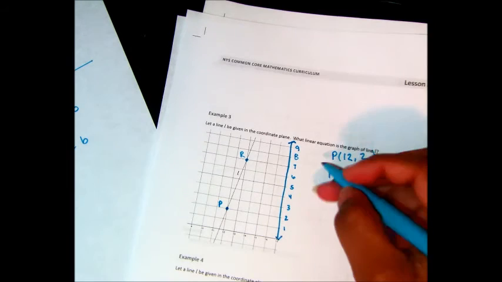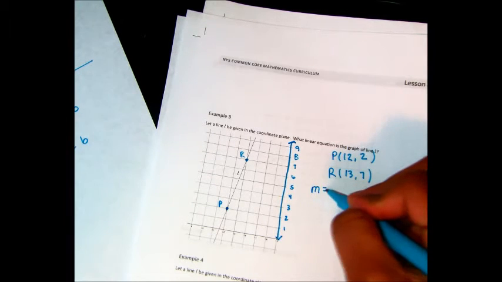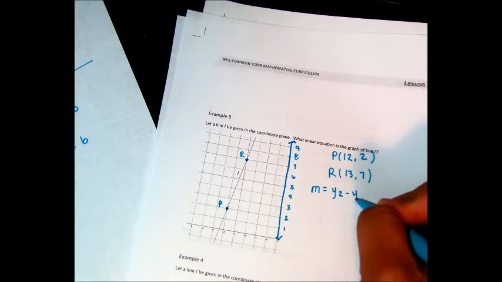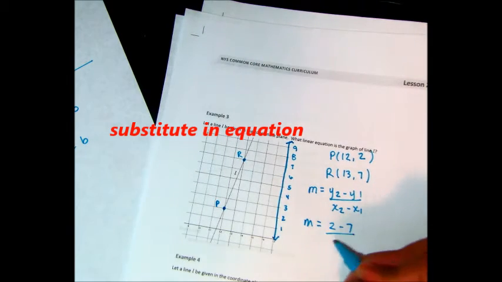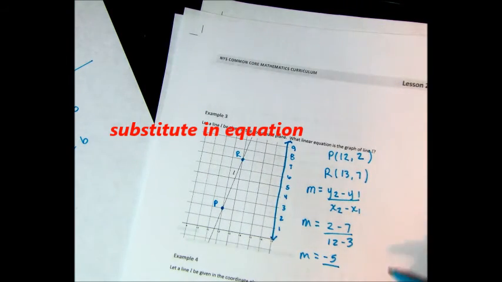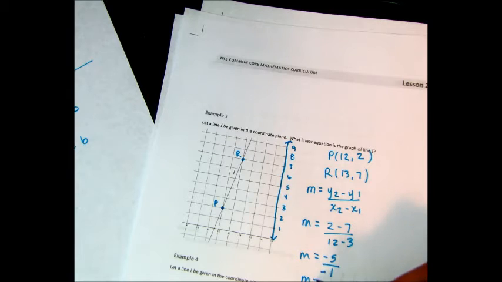If you're stuck getting started, the equation for slope is y2 minus y1 over x2 minus x1. Give it about 30 more seconds. Because I see 2 negatives being divided, I know that the slope is going to be a positive 5.